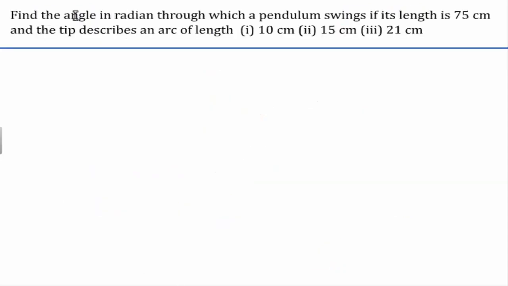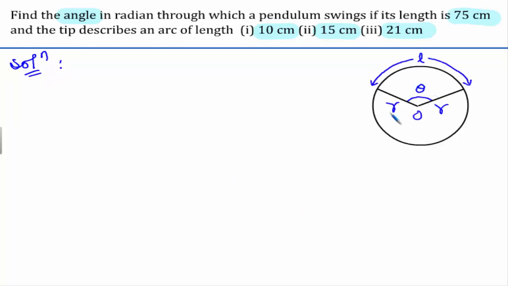In this question, we have to find the angle in radian through which a pendulum swings if its length is 75 centimeters and the tip describes an arc of length 10 centimeters, 15 centimeters and 21 centimeters. Let's begin with the solution.